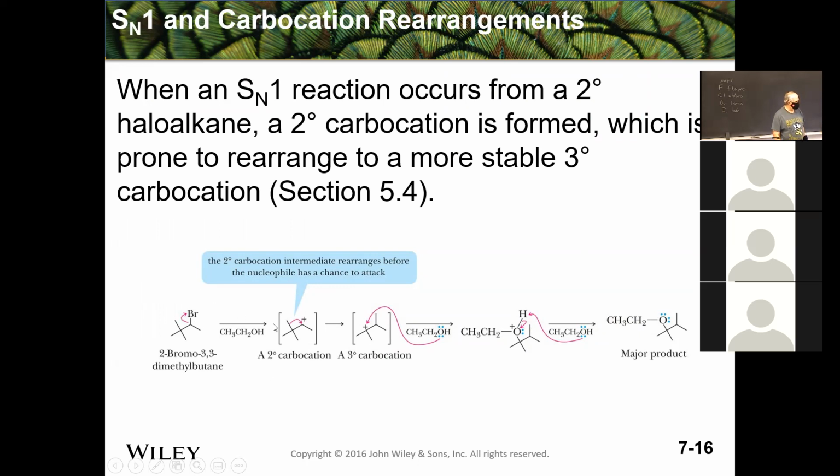The bromide leaves. We get a methyl shift. This methyl pulls out its electron pair and plants them on carbon number 2. And that takes us from a secondary to a more stable tertiary carbocation. Right, the next step is that the alcohol, which is the solvent, attacks. And then we have removal of this extra proton, and then this ether is our major product.